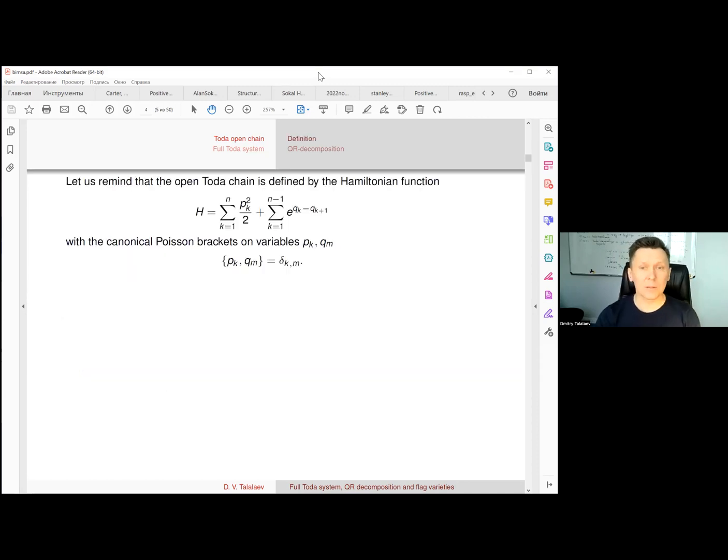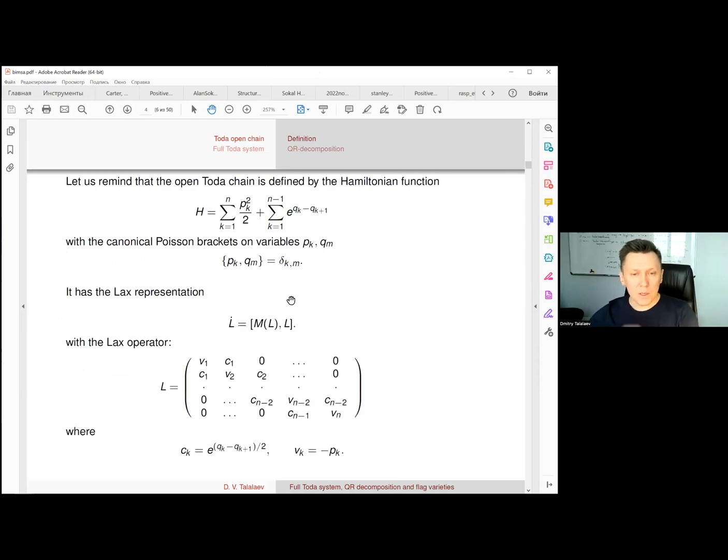So the classical open Toda chain is defined as a Hamiltonian system with a Hamiltonian presented here. It has a kinetic term and a potential exponential term, and the canonical Poisson bracket in terms of variables P and Q is given here. The Hamiltonian dynamics has the Lax representation in this form with the Lax operator, which is a symmetric three-diagonal matrix.